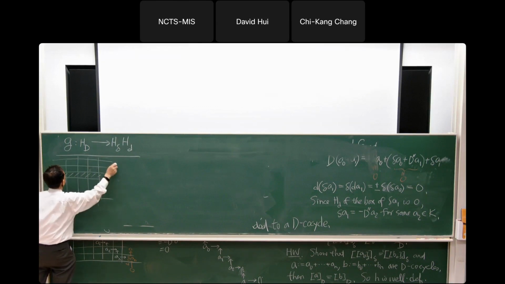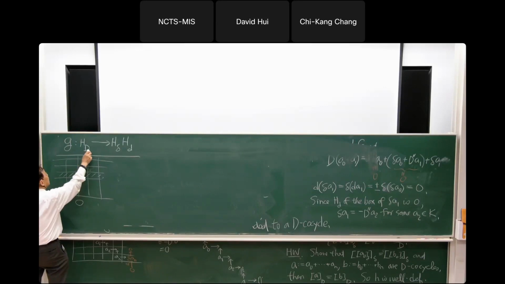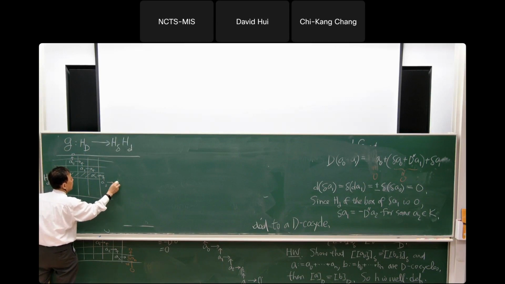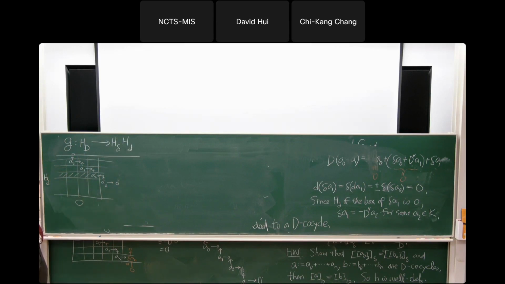Now it's possible that we start with something like this, a big D cocycle. So a cocycle looks like that. Okay.